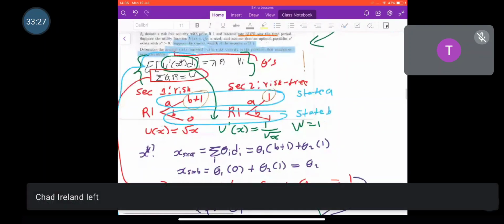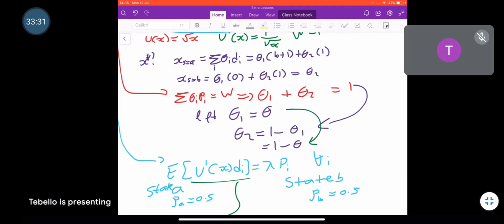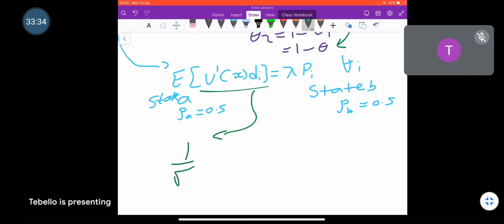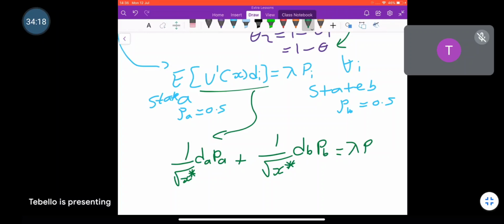So this can be written like 1 over the square root of x, times the payout per state, the payout for state A times the probability of state A, plus 1 over the square root of x times the payout under state B times the probability of state B, is going to equal lambda times the price of security i.